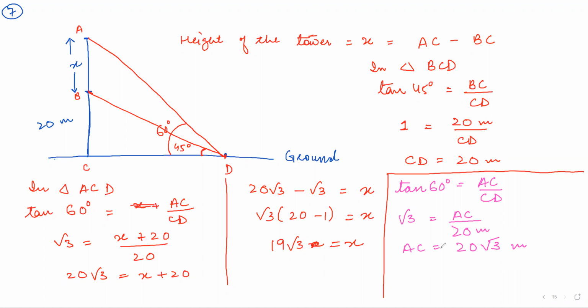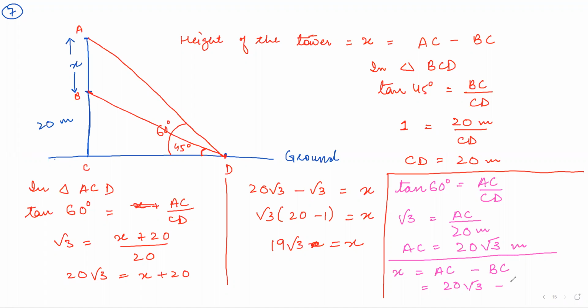Yes, ma'am. If I want to find x, that means x is equal to AC minus BC. Now AC is 20 root 3 and minus 20.